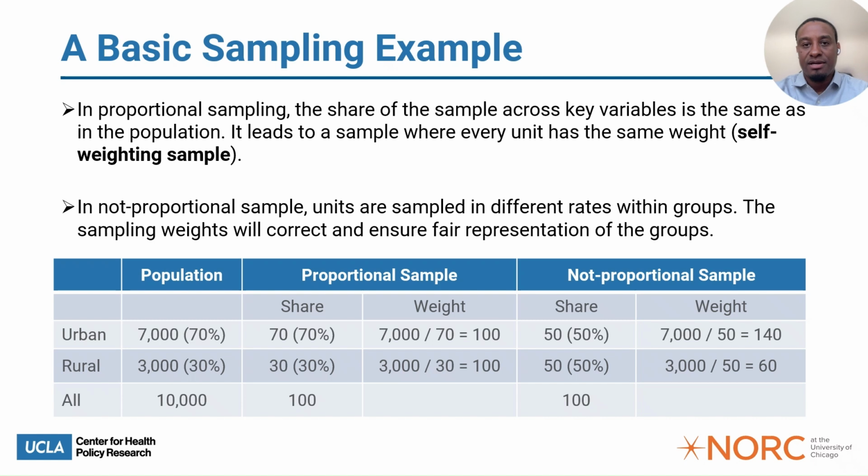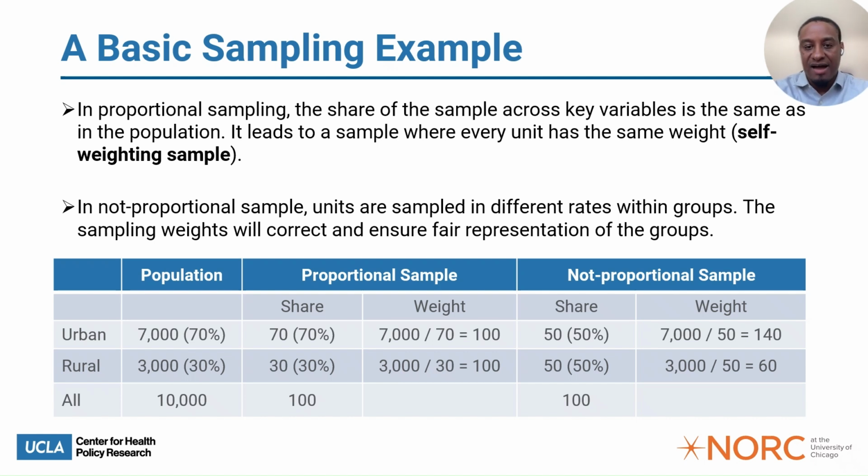And in the rural, we get the same weight of 100. So here we see that all units in the sample have the same weight. That's what we call self-weighting. On the other hand, we can look at the columns on the not proportional sample.